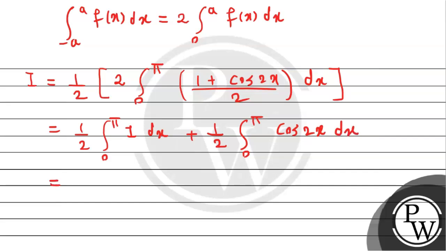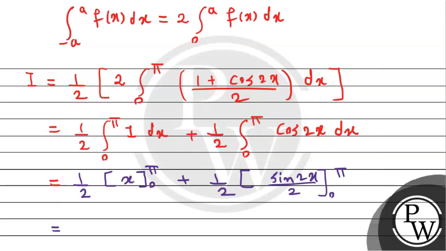This will be equal to 1 by 2 as it is. Integration of 1 dx will become x, and the limit will go from 0 to pi, plus 1 by 2 as it is. Integration of cosine of 2x will be sine of 2x divided by the derivative of 2x, which is 2, and the limits will go from 0 to pi.